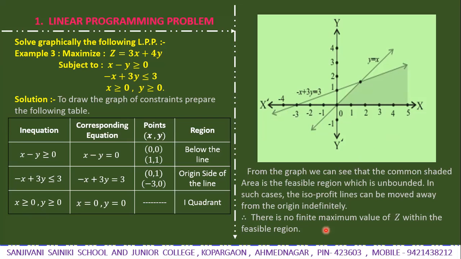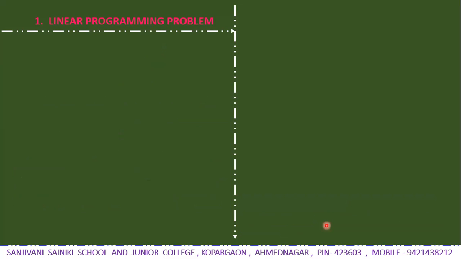So there is no maximum value of z within this feasible region. If the problem were of minimization type, we would definitely have obtained the minimum value. But in this case, it is not possible to find the maximum value for the given problem. So there is no finite maximum value of z within the feasible region.